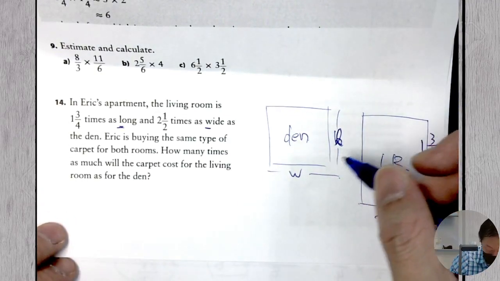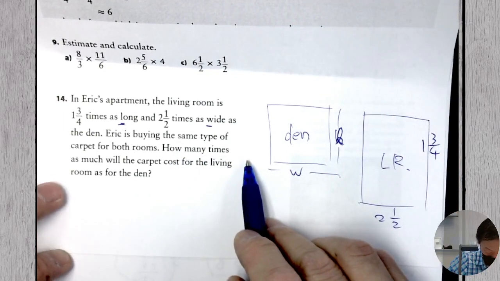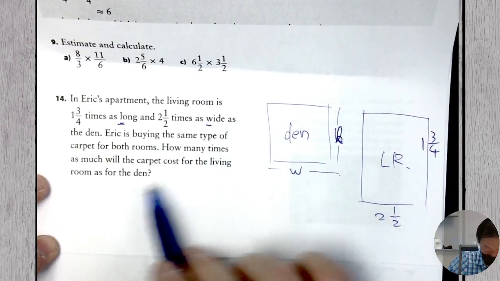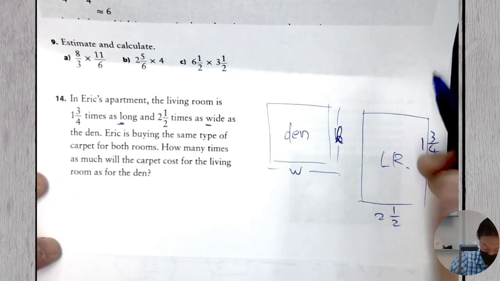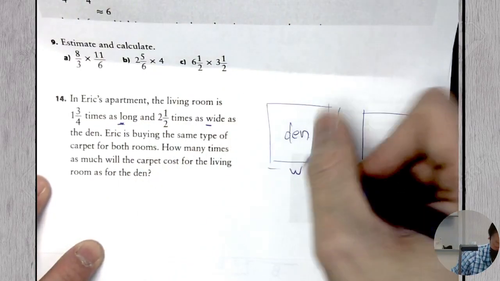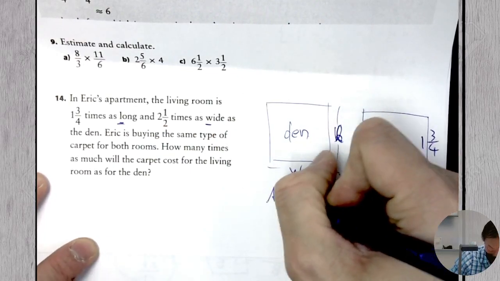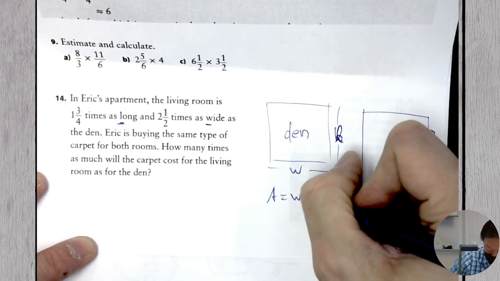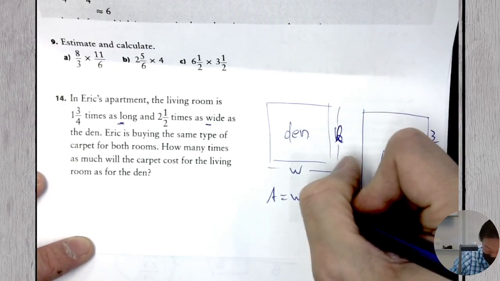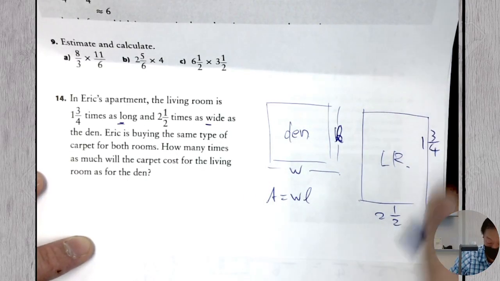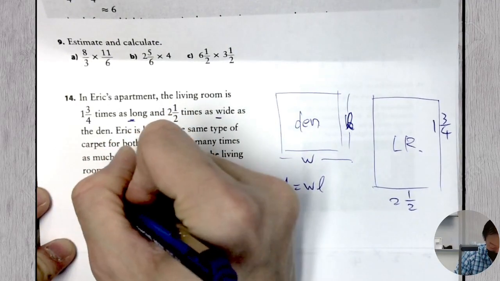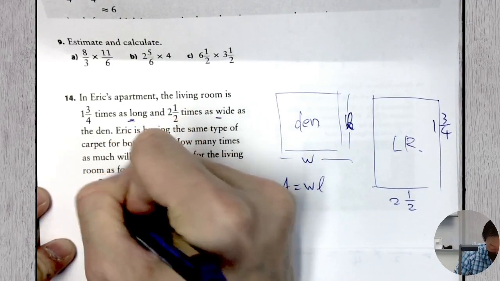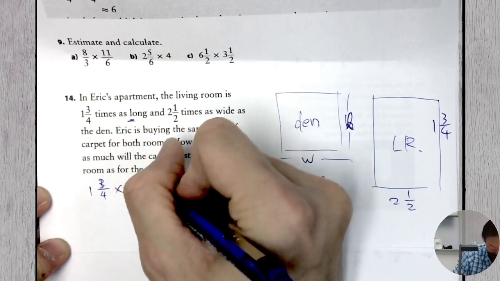So we are looking for the area basically. So how much is this area compared to that area? The area of the den would be width times long, right? The area here would be what? 1 3/4 times 2 1/2.